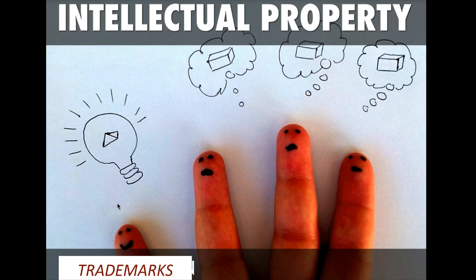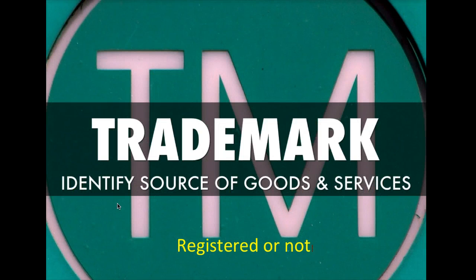When we talk about trademarks, we're talking about how businesses protect their identities by using words or symbols to let you know that the products or services that you're examining come from a certain business. So the idea of a trademark is to identify the source of goods and services.